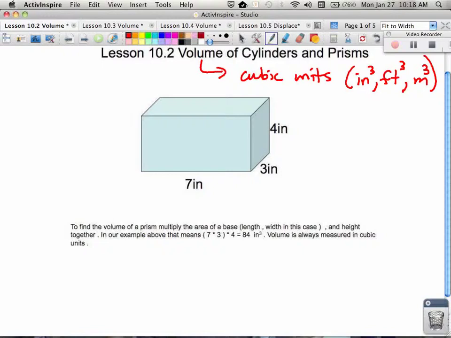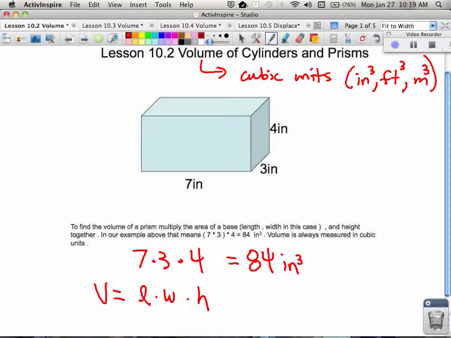So in this particular example, I would go 7 times 3 times 4, these being the length, the width, and the height, to find my total volume. When I multiply all those together, 7 times 3 is 21, times 4 is 84, and my units are inches, so it would be inches cubed. Notice how the label is cubed and not the number.